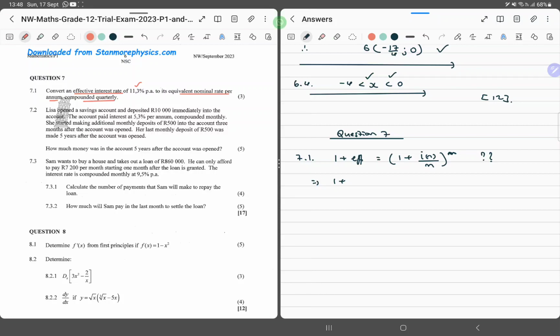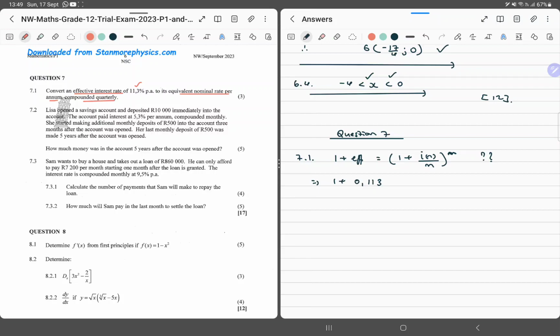So this implies that 1 plus, now we've got 11.3%. So 11.3 divided by 100, I want to write it as a decimal, so it's going to be 0.113.